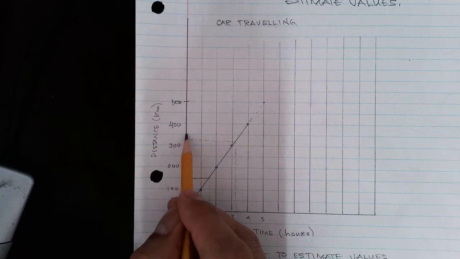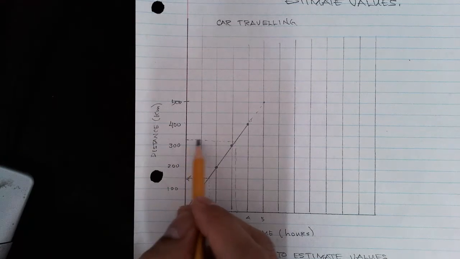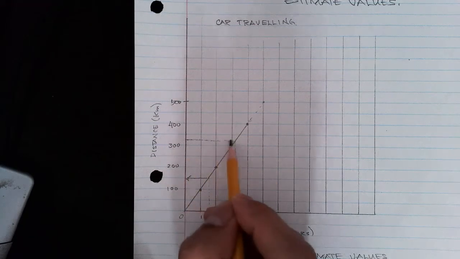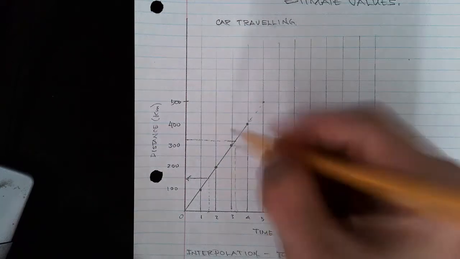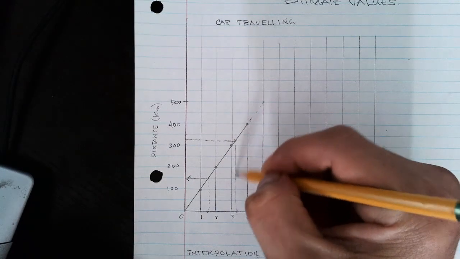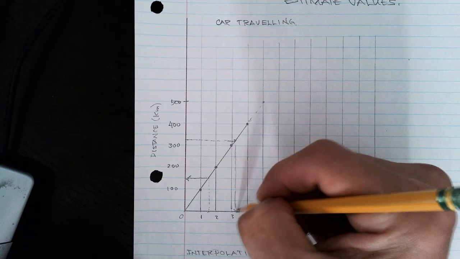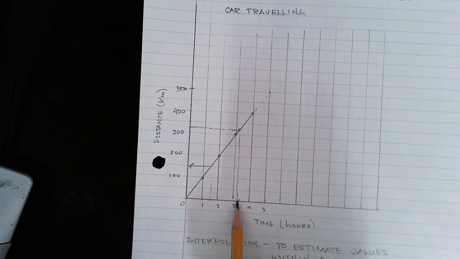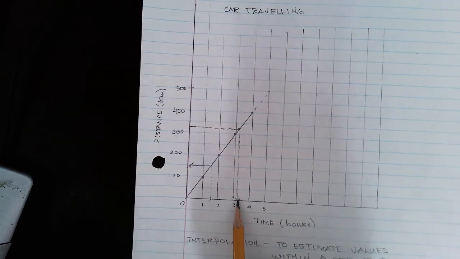It's 350 in the middle, so between 300 and 350 would be 325, right about here. So you move towards the graph, and when you hit the graph, you move down, and I would say it's about 3.25 hours.